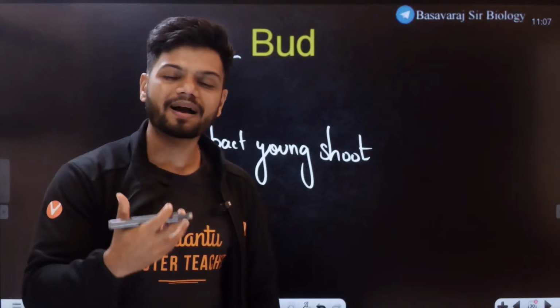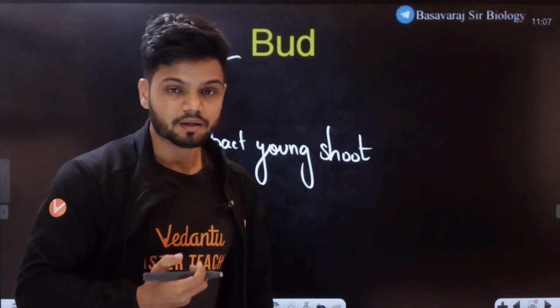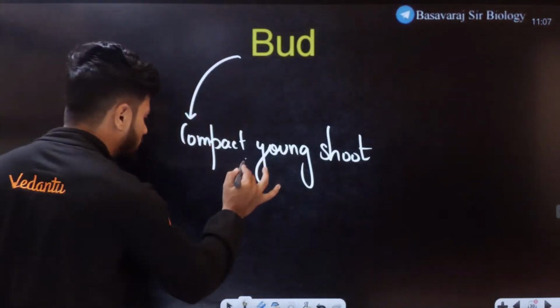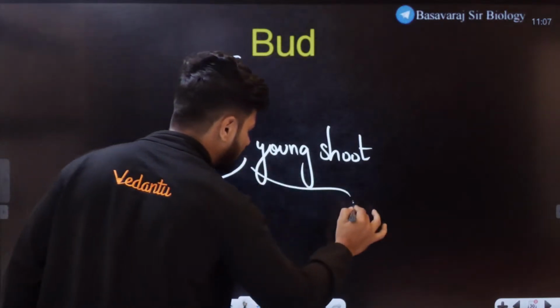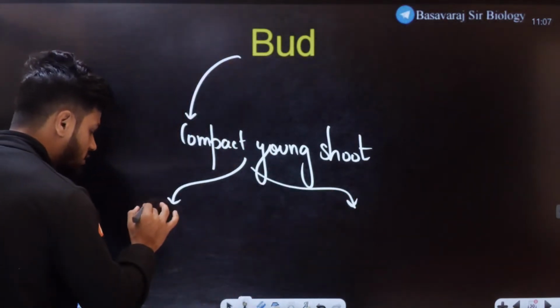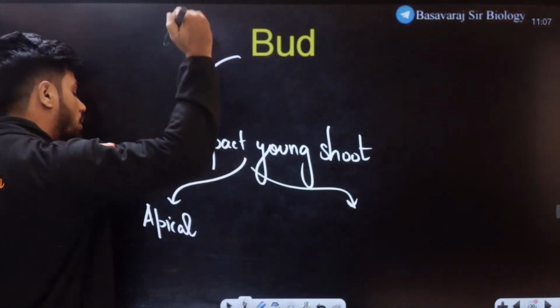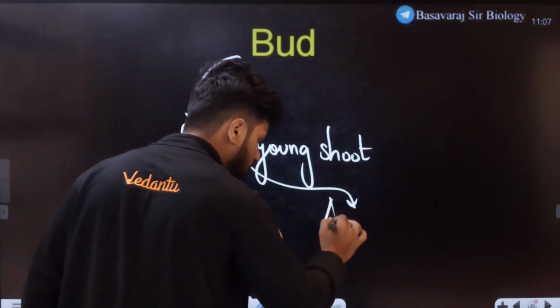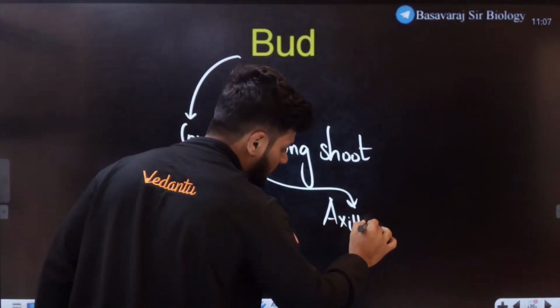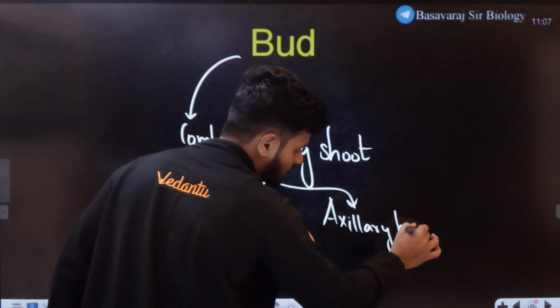Okay, so compact young shoot is called as a bud. There are two main types of bud, which I already told you. Can anyone tell me which are those? First one is called as your apical bud, which is present at the top. The second one is called as the axillary bud, which is present at the leaf axil.